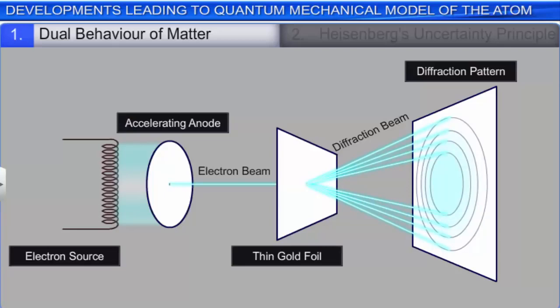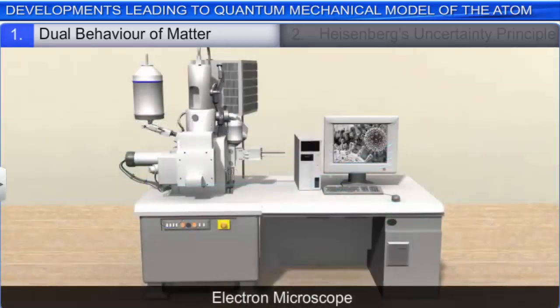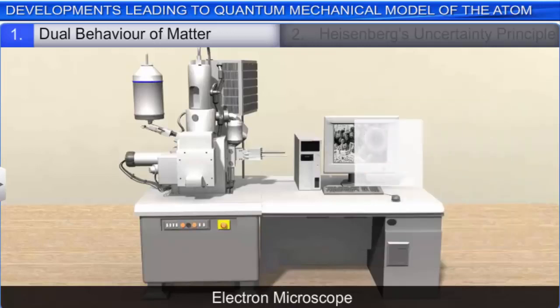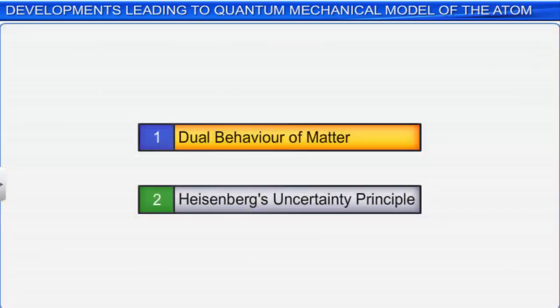The wave nature of electrons forms the basis of an electron microscope that achieves a magnification of about 15 million times, and is therefore a powerful tool in modern scientific research. Let's now look at the Heisenberg uncertainty principle.